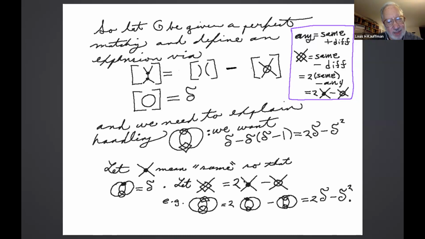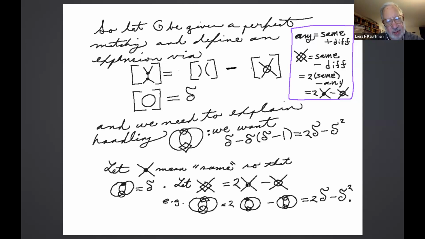Weld means that these have to be colored the same. So this is like a deletion contraction formula in graph theory. This is contraction, must be colored the same, can be colored anything. And you can see that in the case when these are colored differently, then you will get the minus 1.